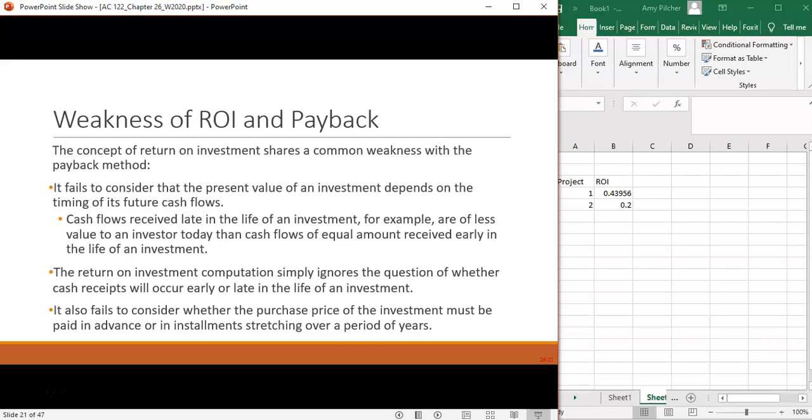And so in our next examples, we're going to take into consideration that time value of money. So we need to look at when those cash receipts happen, the purchase price of the investment, if it has to be paid in advance or if installments, and other considerations. And we'll look at those in the next video.